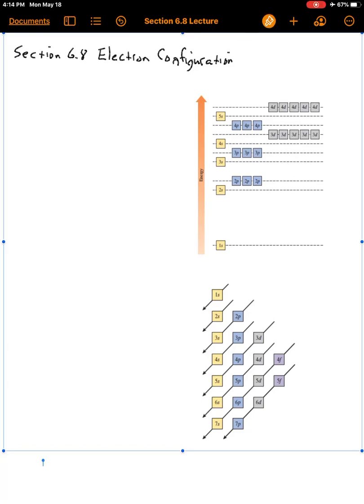Okay, this is section 6.8, our discussion of electron configurations of elements greater than hydrogen. The idea here is that atoms have electrons, and we can apply the principles of quantum mechanics to figure out the arrangement of those electrons around the nucleus.